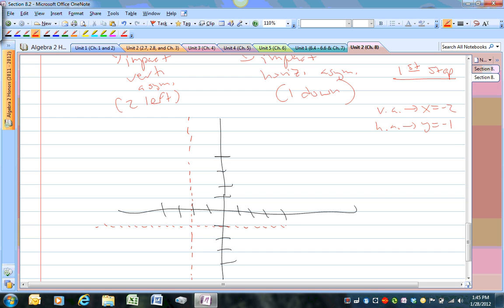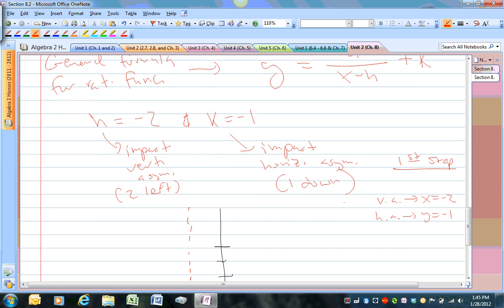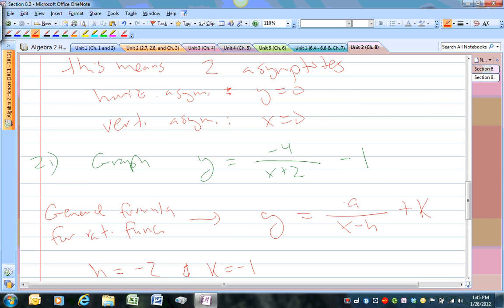And again, you can't plug in negative 2. That's why it's a vertical asymptote. So we have to have it as a boundary. And also, y cannot equal negative 1, because this fraction is never going to be 0.